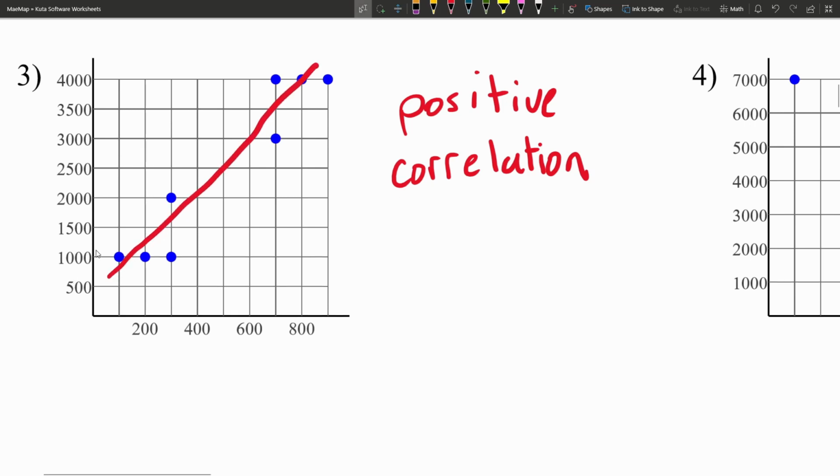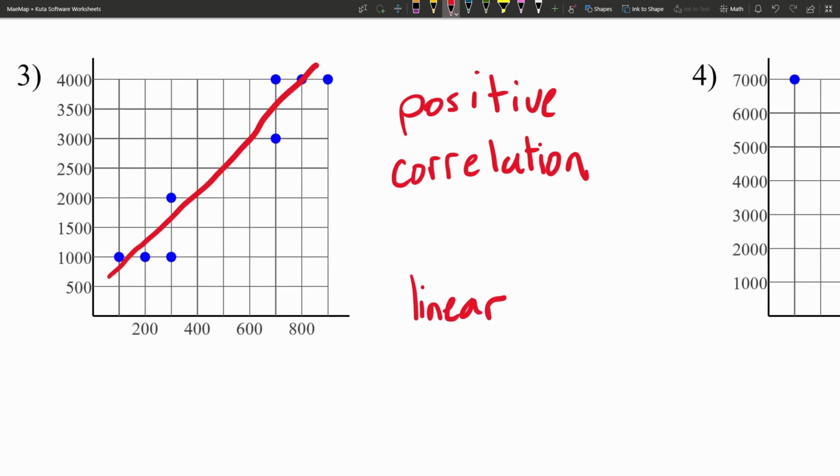Whereas if we were to try to do a nice smooth curve, it gets a little tricky trying to follow those points exactly. So I think a line would be appropriate for number 3. It's not only a positive correlation, but that relationship is a linear one.